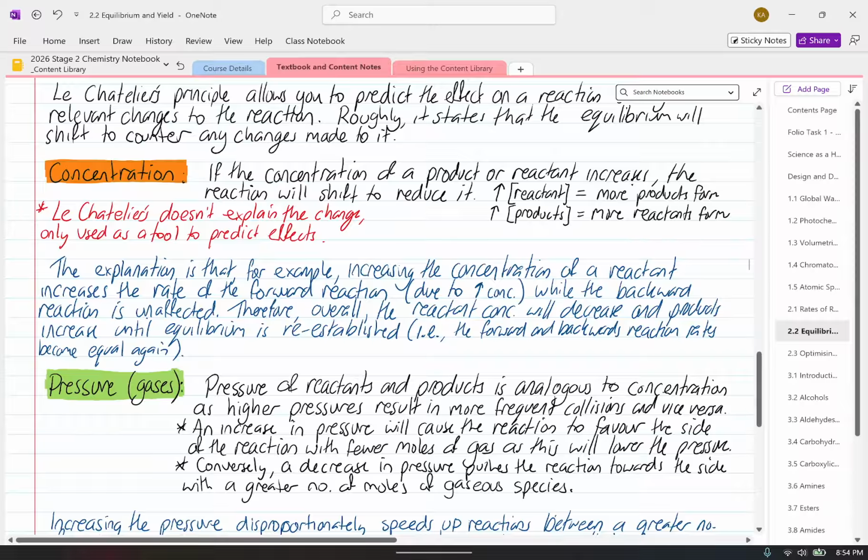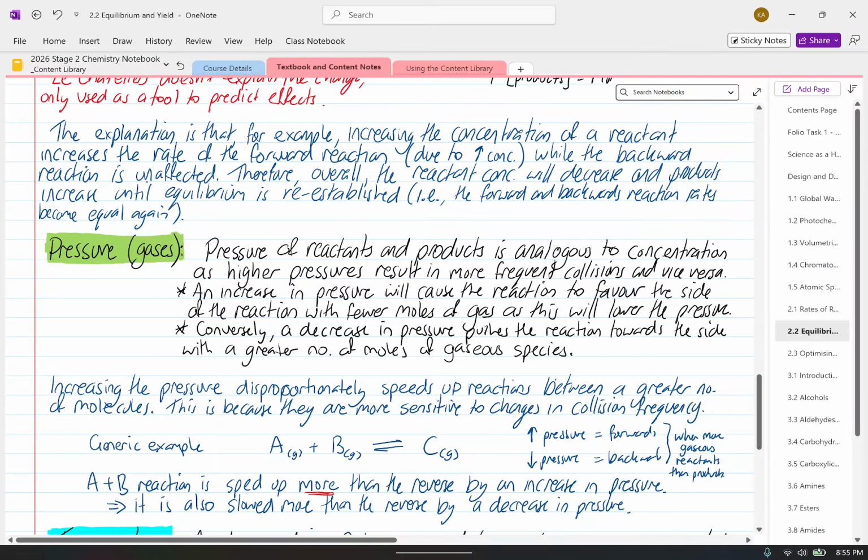So the deal for gases, though, is that when you, let's say, increase the overall pressure by squeezing the vessel, squeezing the things down into a smaller space, you're going to get more frequent reactions both forwards and backwards, but each direction is not necessarily going to be affected the same amount.